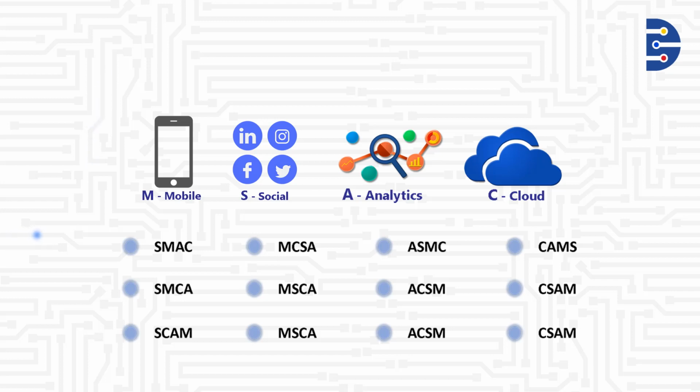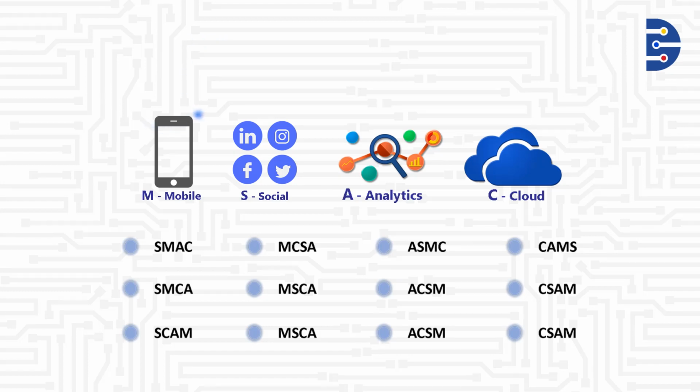Now that you know the purpose of each of those elements of the SMAC stack, can you take a few minutes and think through which of the combinations make sense? If you are living in a tech world, would you first have an analytics, then social, then mobile, and then cloud?